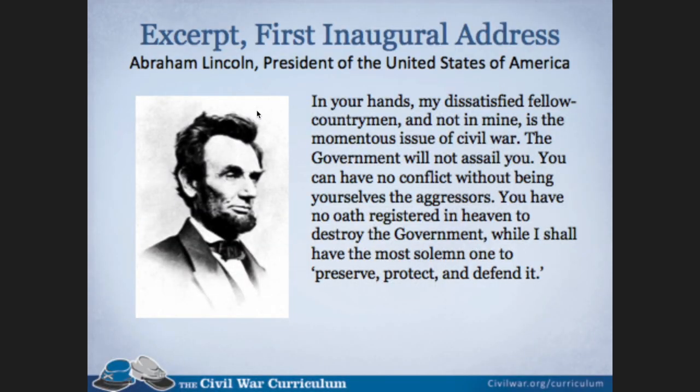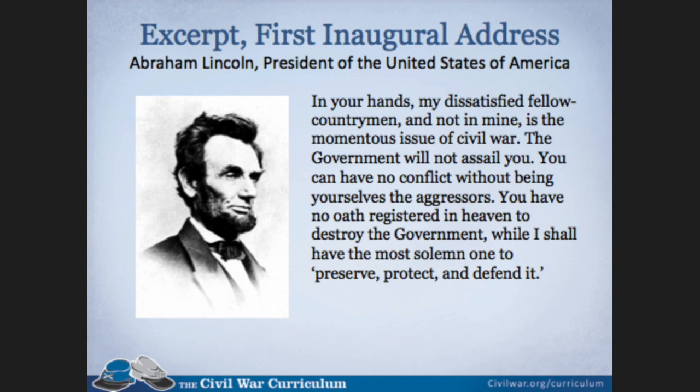Okay, so here's what Lincoln says in his very first address as president. He says, "In your hands, my dissatisfied fellow countrymen, and not in mine, is the momentous issue of civil war. The government will not assail you. You can have no conflict without being yourselves the aggressors.